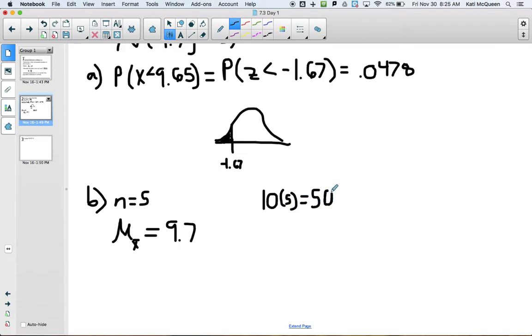This has to be compared to the population, which would be all cereal boxes of this size. So it's definitely safe to say that there's more than 50 of these. So we're going to say this is less than the number of boxes of cereal produced.